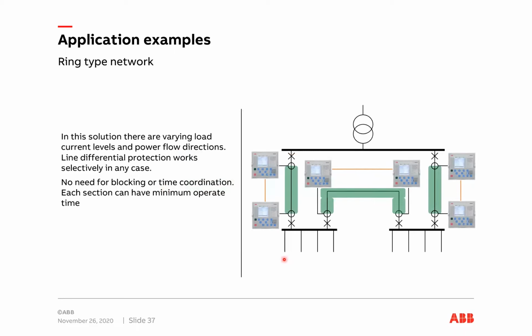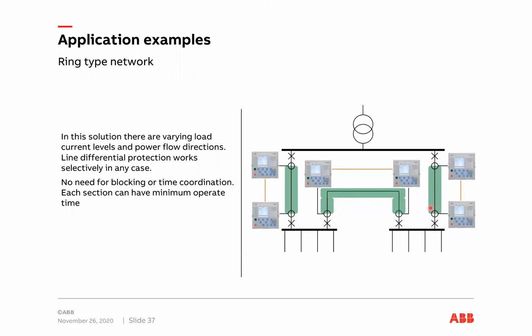Line differential protection is also commonly used in this type of ring type network, especially if it's a closed ring.